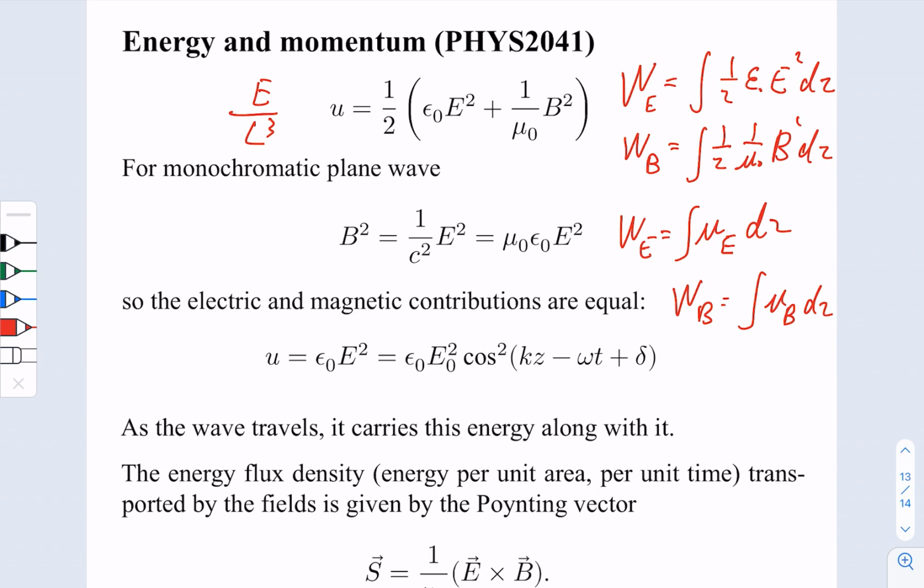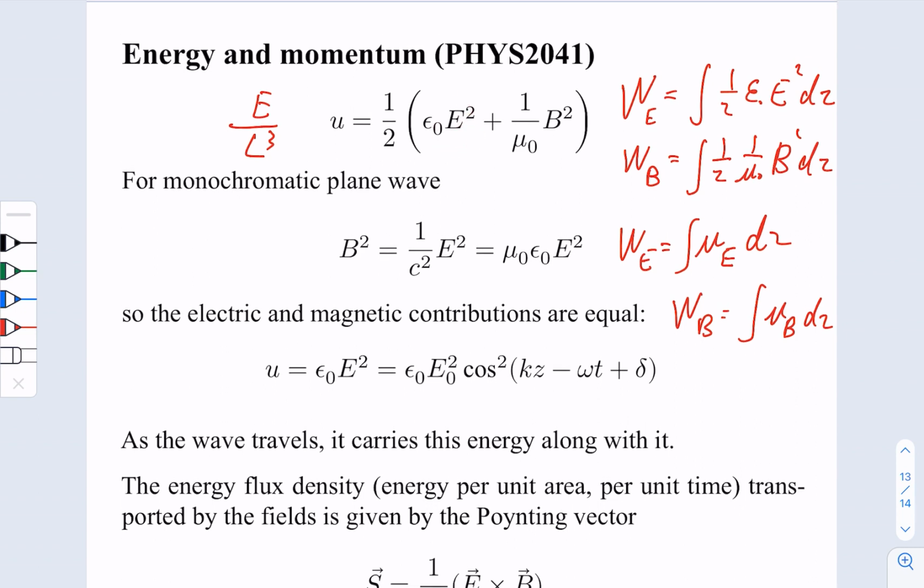Now, if you calculate that energy by combining the electric field energy and the magnetic field energy, for monochromatic plane waves, remember B is E naught divided by c. So B squared is E squared divided by c squared. And if you still remember the expression for c, c is the square root of mu naught times epsilon naught, so we can rewrite 1 over c squared as mu naught epsilon naught.